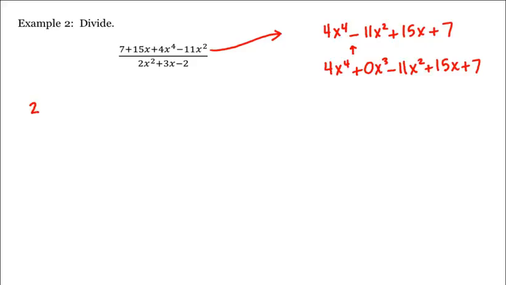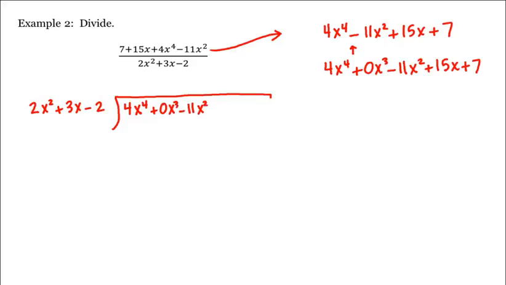Our divisor is 2x squared plus 3x minus 2. And our dividend is 4x to the fourth plus 0x cubed minus 11x squared plus 15x plus 7. Again, we start by looking at the leading terms, which is why we wanted to rewrite this dividend in the first place.